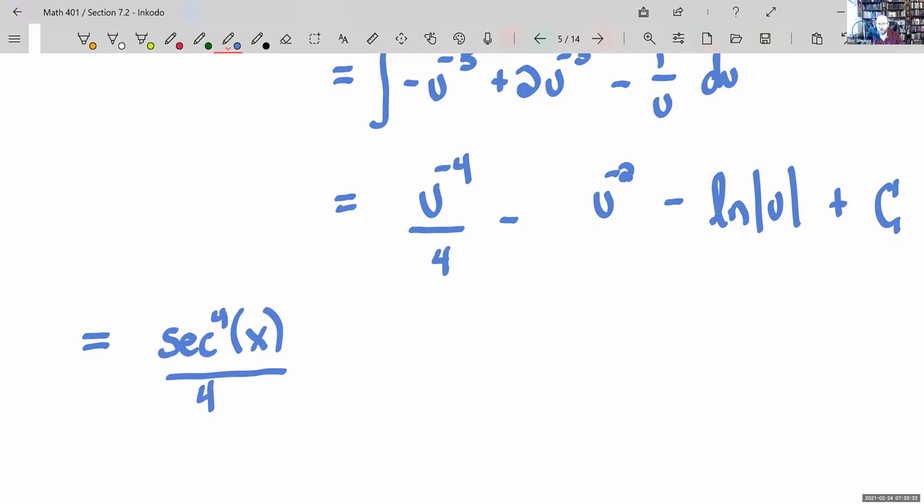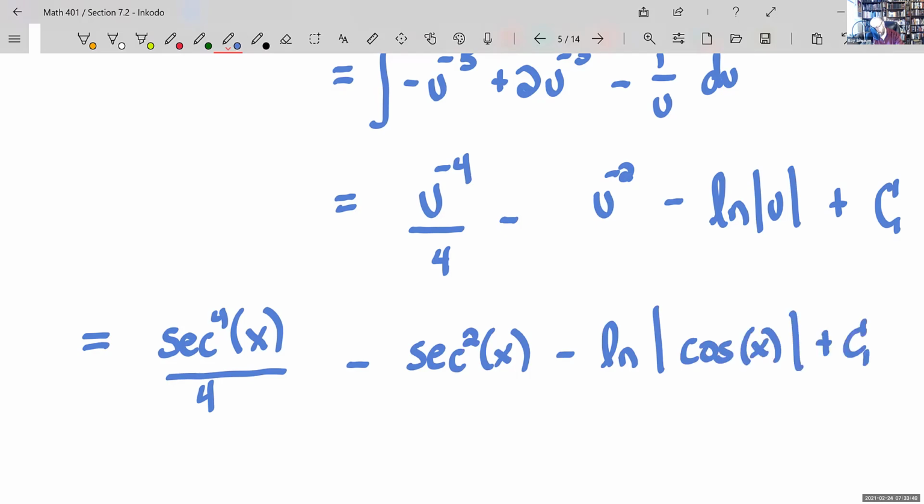It's supposed to be 1 over cosine to the fourth, but that's the same thing as secant to the fourth, minus 1 over cosine squared, which would be secant squared, and then minus the natural log absolute value of the cosine, which technically, if you wanted to, you could use properties of logarithms to move that negative into the exponent to call that a plus natural log of absolute value secant if you want to.